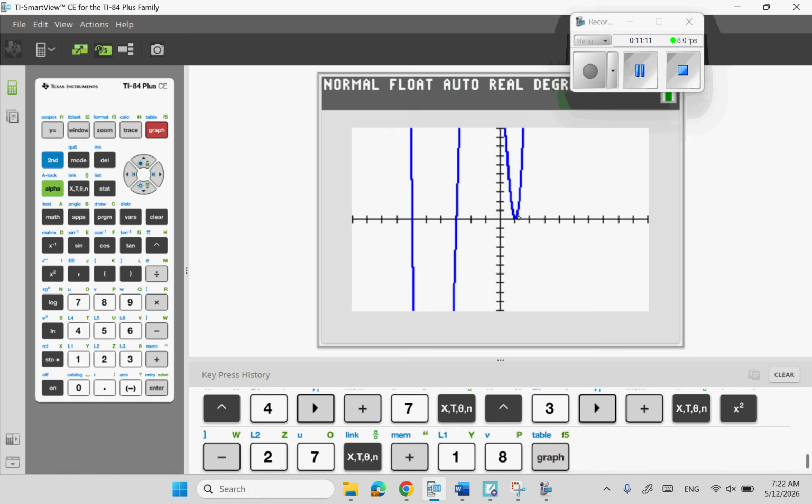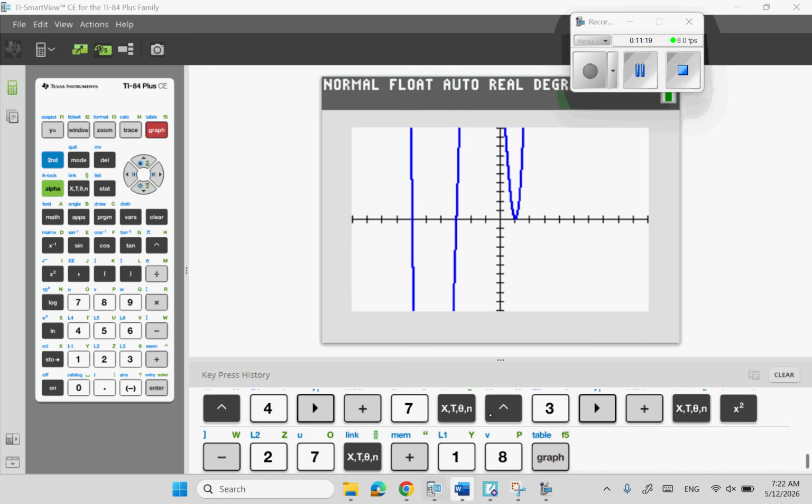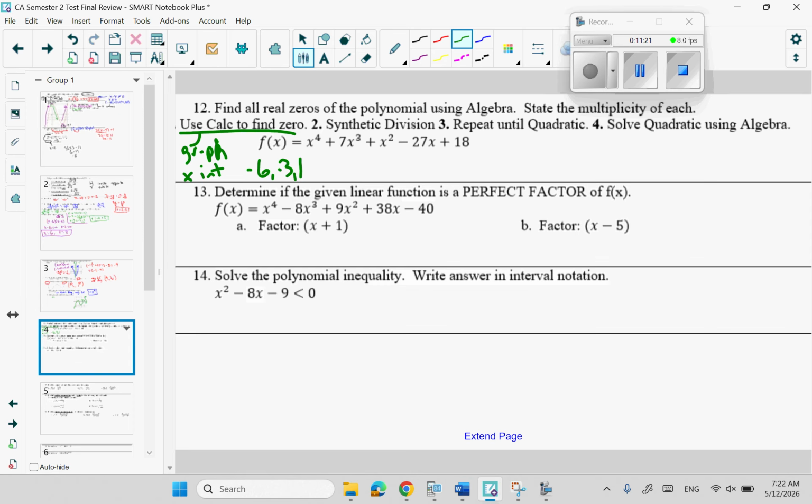Because it bounces, I know it has an even multiplicity, aka this 0 has to happen 2 or 4 times. But also remember that the degree is the number of solutions that I have. So I actually know this happens a multiplicity of twice because I already have 2 other answers.